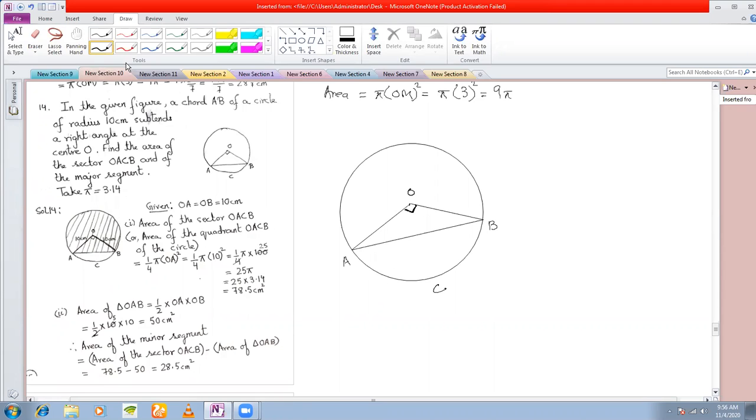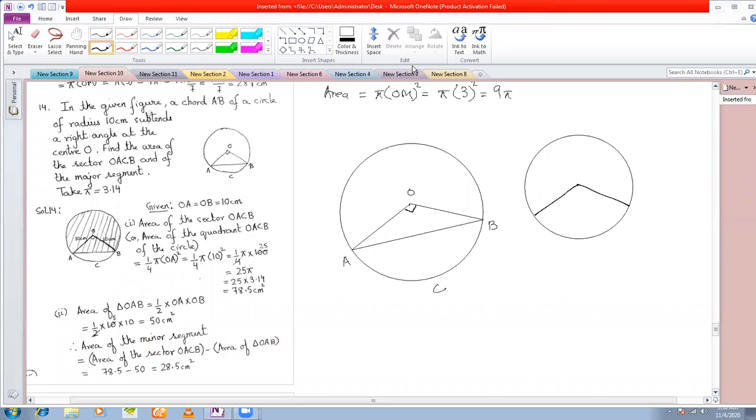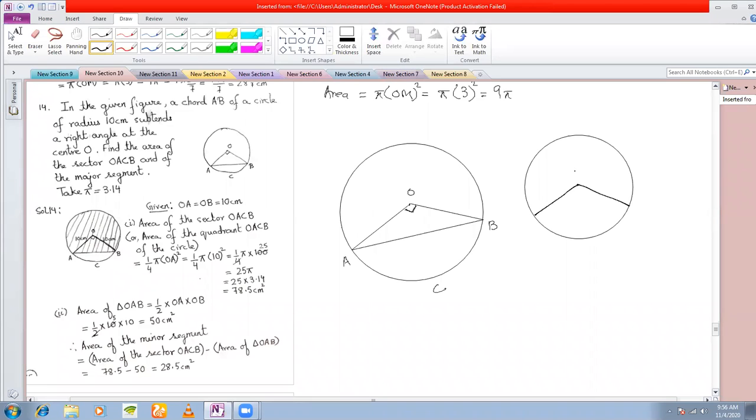What do you mean by area of the sector? What is the sector of a circle? If you have a circle, this is your center. These two are the radii, OA and OB.